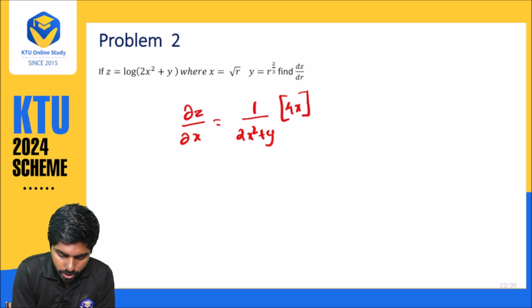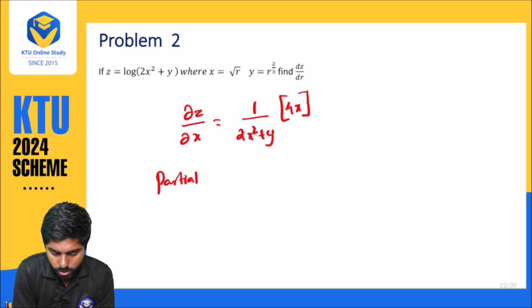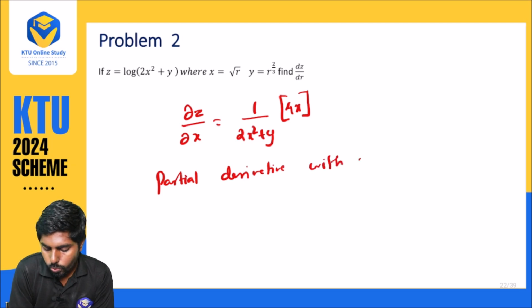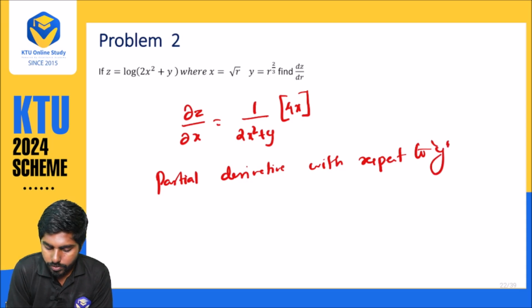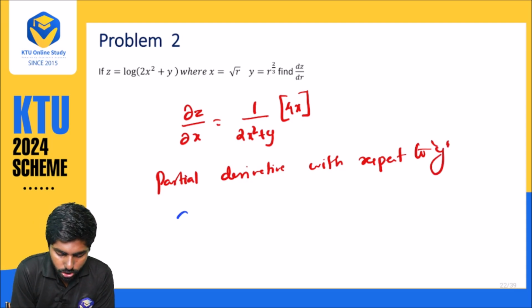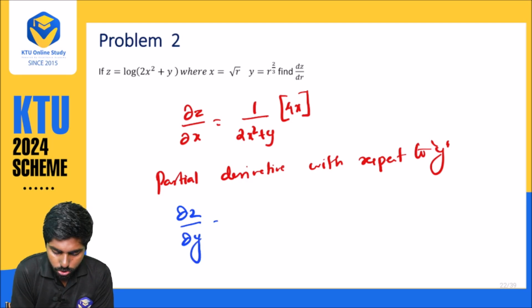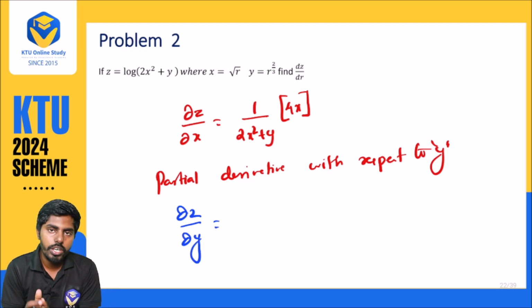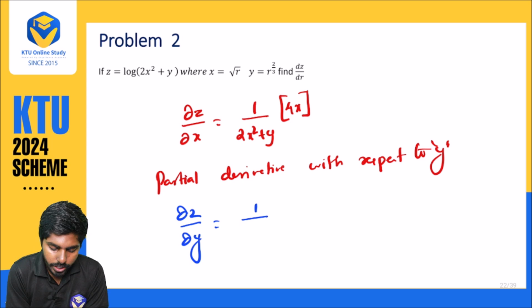Similarly, the partial derivative with respect to y: dou z by dou y is equal to the same thing, log. When you differentiate log, it becomes 1 divided by that value, that is 2x square plus y.